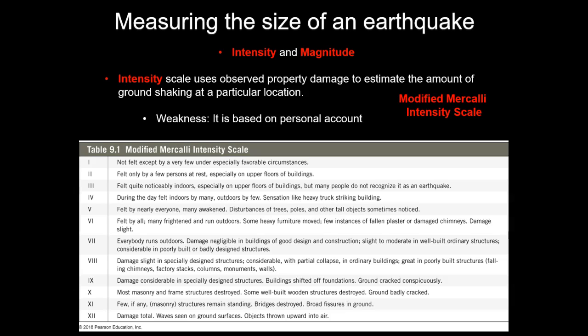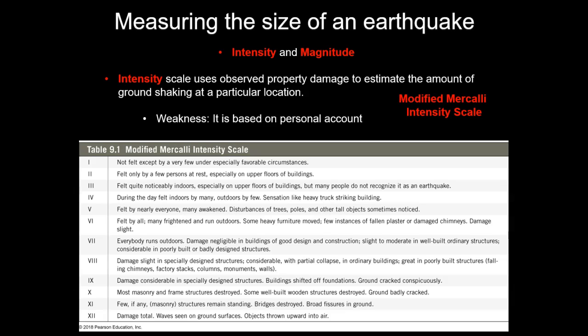So using this method, zones of intensity were made, with zones of highest intensity located nearest to the center of maximum shaking, and often, but not always, near the epicenter of the earthquake.